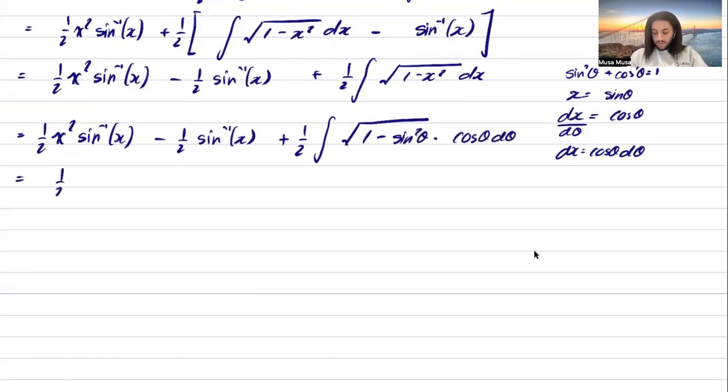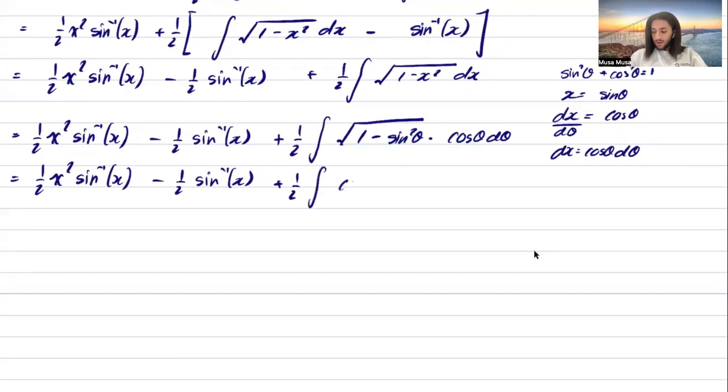So 1 minus sine squared is cos squared, and then the square root of that is just cos, but then it's cos times cos, so it's cos squared.